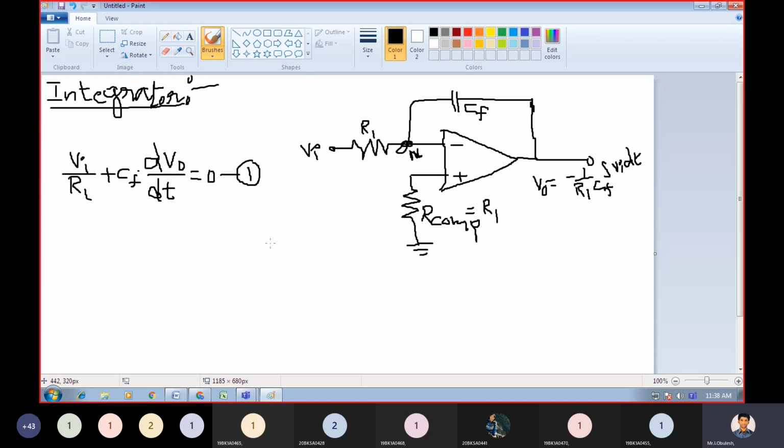Simplify the expression. CF into dV0 by dt is equal to minus Vi by R1.